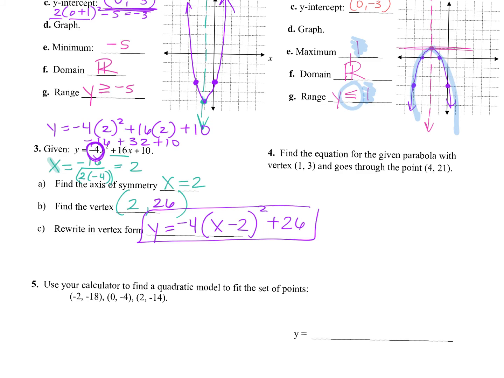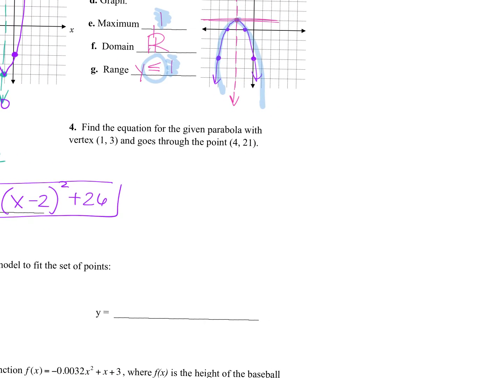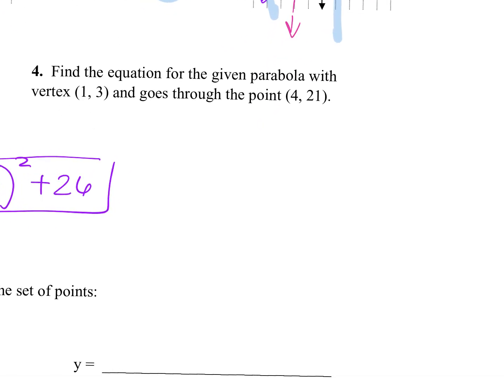All right, next one. It says find the equation for the given parabola with a vertex of 1, 3, so that's your h and your k, that goes through the point 4, 21. That's your x and your y. This is the one that I said, just write the general vertex form with the vertex plugged in first. I don't care if you don't do that, as long as you get to the right place, but I will give you partial credit if you do that first step and don't get to the right place, okay?